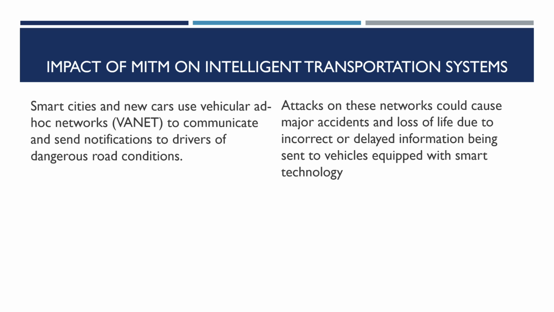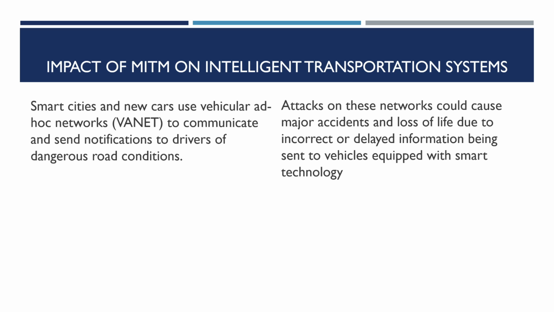Another one of the ways that man-in-the-middle can impact a large group of people is through intelligent transportation systems. A lot of these are in the more technologically advanced cities, cities like Los Angeles, New York.